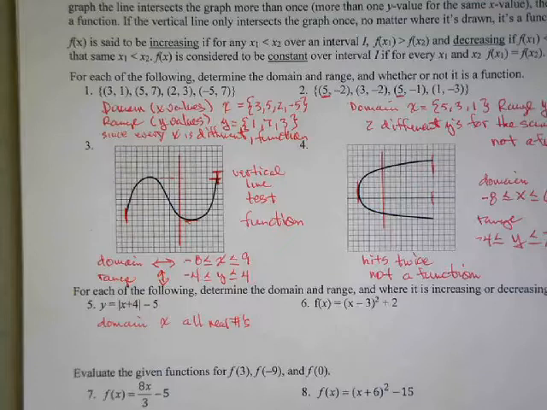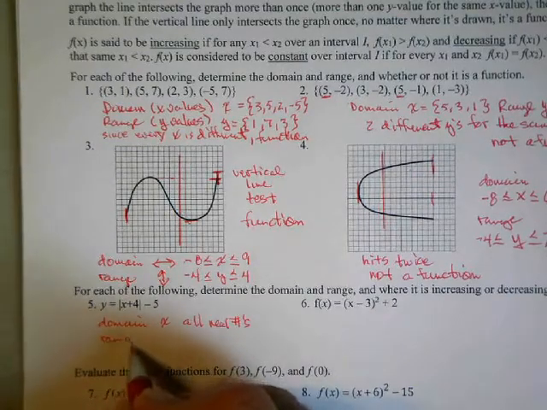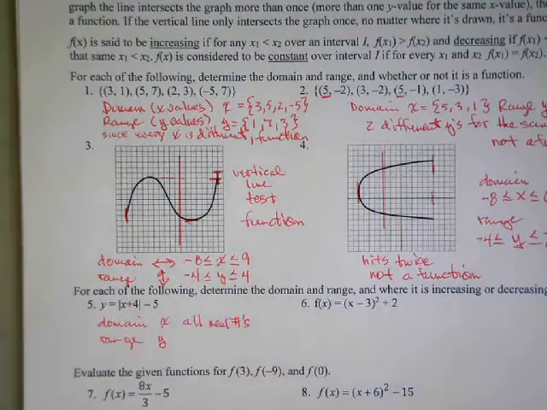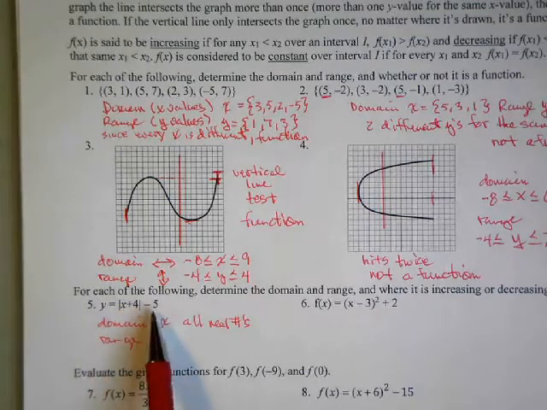However, for the range, I'm not going to actually get all possible numbers. Simply put, this part here is always positive if it's set up so that this part is 0, okay, then y is going to be -5.